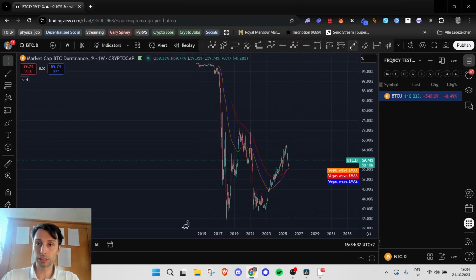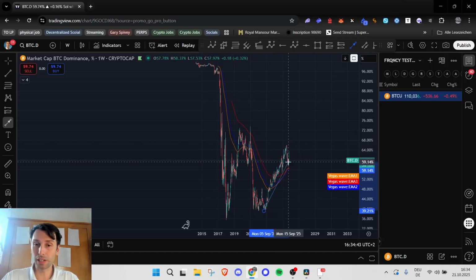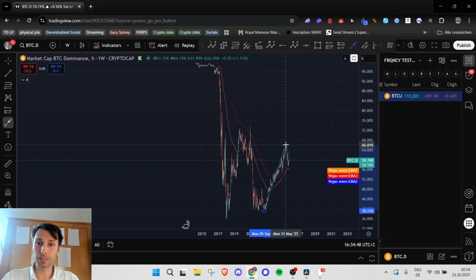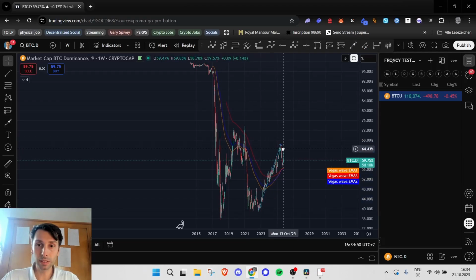What you can see on this chart is that since the 22nd of August 2022, until kind of right now, we had the first big move down on Bitcoin dominance. We've been in a Bitcoin dominated rally.